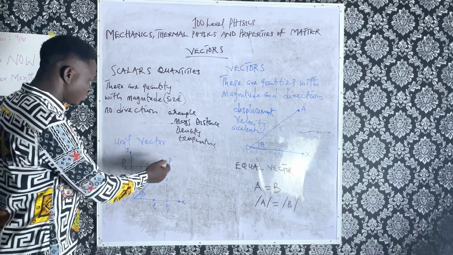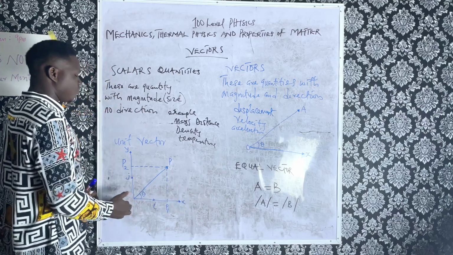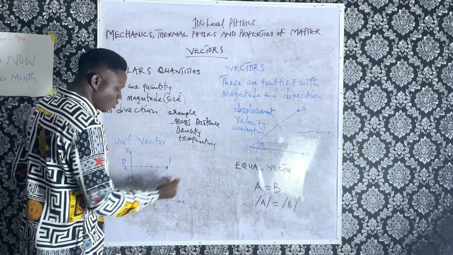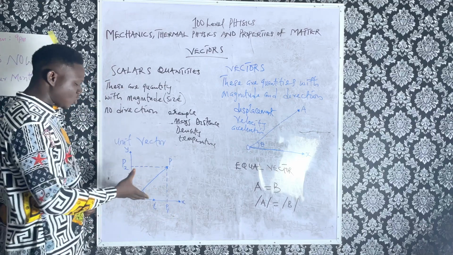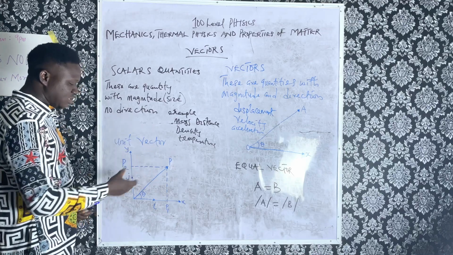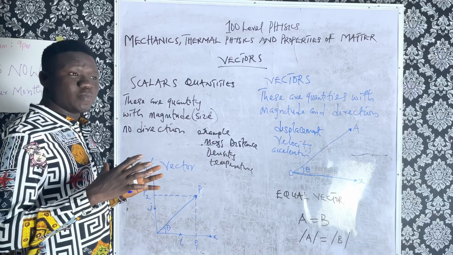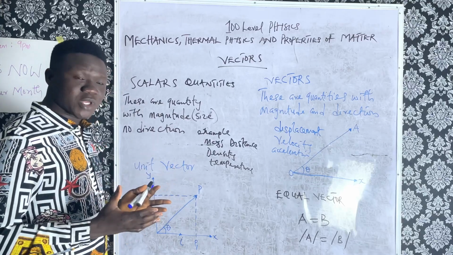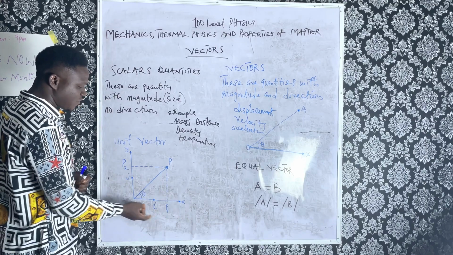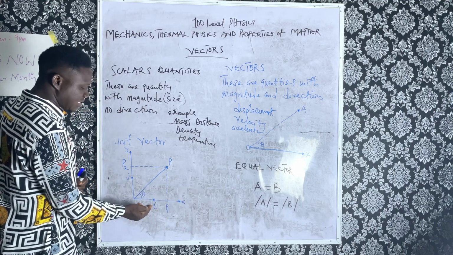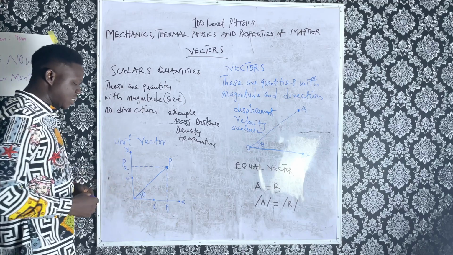If this vector P is not moving directly on the x-axis or the y-axis, but at an angle to the x-axis, it will have two components. That's why we use the unit vector. The unit vector is about breaking up the components and how we label them. For the x-axis, the unit vector is represented with i. For the y-axis, it's represented with j.